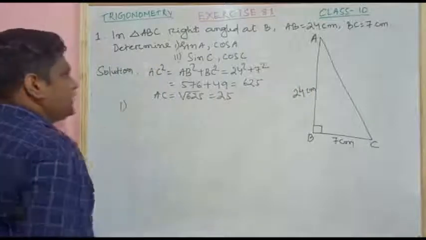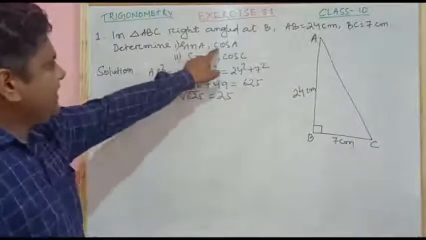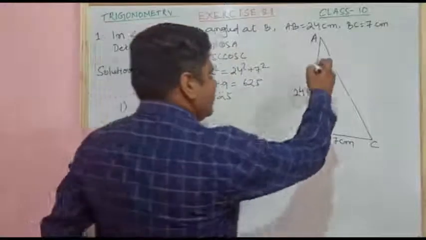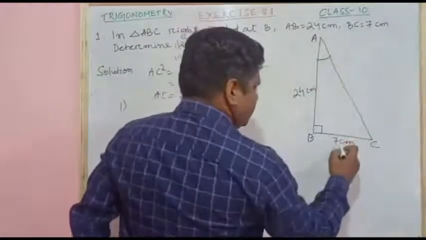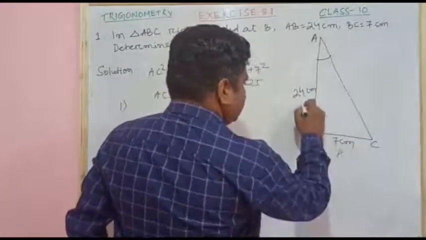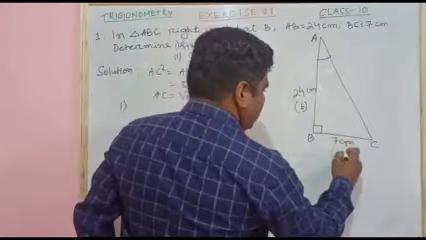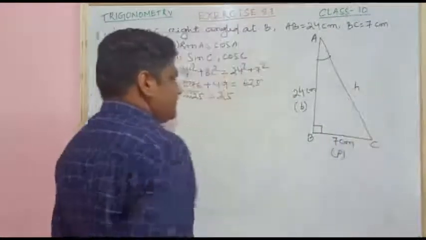So in first bit we have to find sin A and cos A for angle A. For this angle, this one will be perpendicular, this one will be base, and this is always hypotenuse.